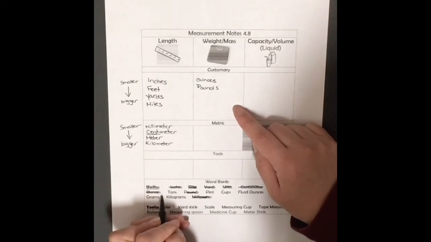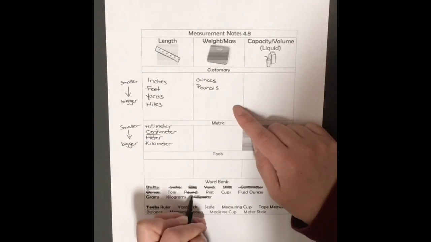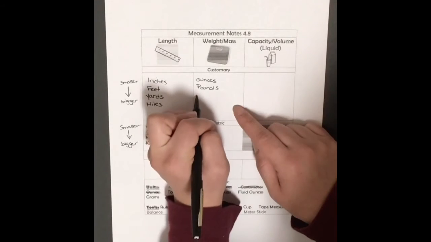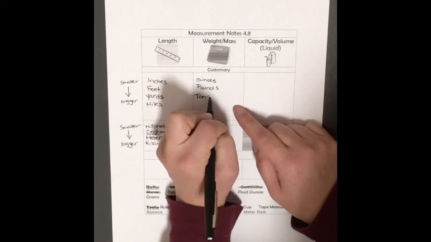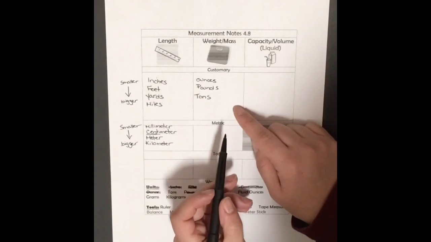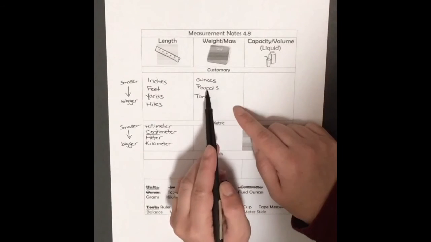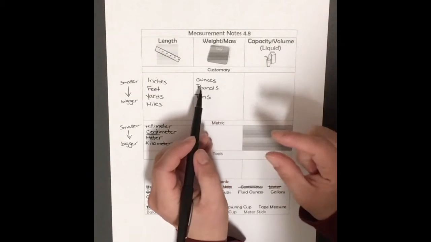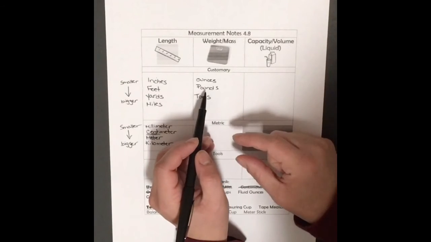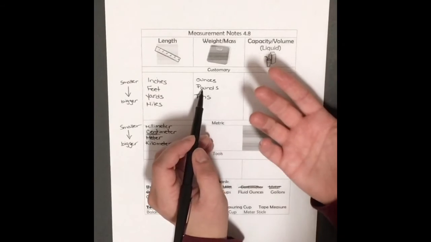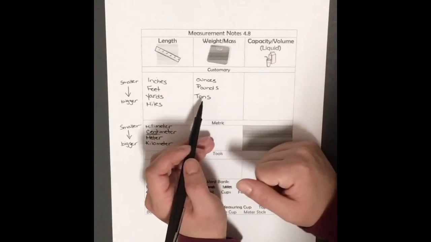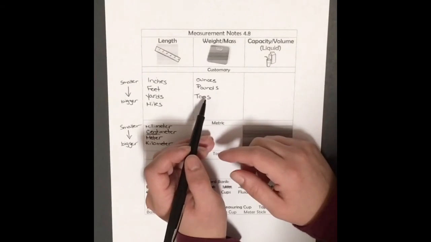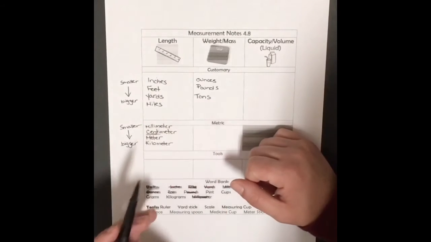And I skipped tons because tons is bigger than pounds. So then we have tons. And you can think of this, again, from smaller to larger. I was trying to get them in order here. Ounces are super, super small. Pounds is like what we measure ourselves. Tons would be something like if I was measuring a car or an elephant or something like that.